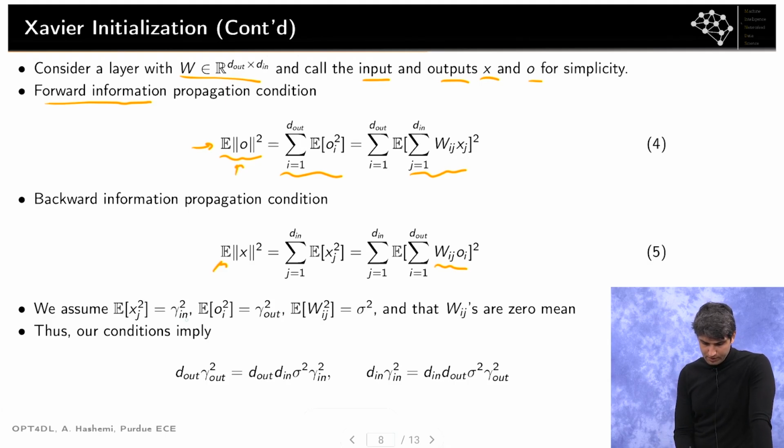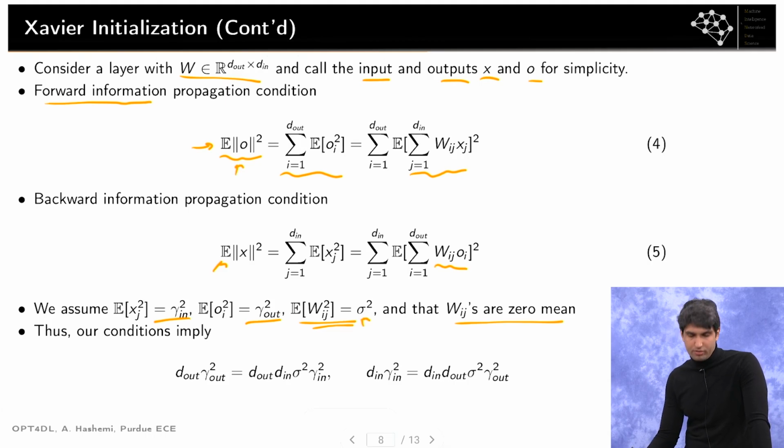Let's assume that the strength of each coordinate of the input x is some gamma in square, and for O, let's say it's gamma out square. And also, let's say that we are utilizing random weights. So each of these coordinates of the weight matrix are independent, zero mean, random variables with variance sigma square.